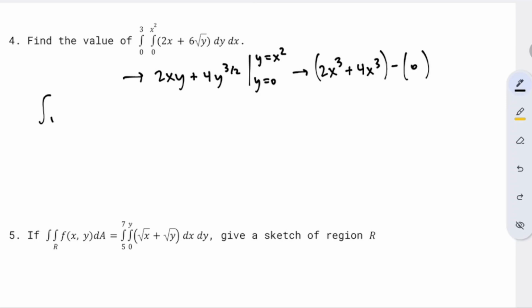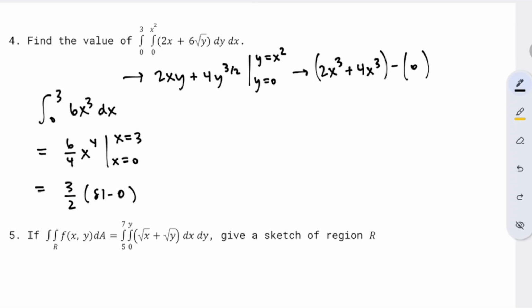Okay, so I'm going to integral from 0 to 3. 2x to the 3 plus 4x to the 3 is 6x to the 3. Okay, so that would be 6 over 4, x to the 4, x starts at 0, ends at 3, and that's going to be 3/2 of 81 minus 0. 81 times 3 is 243, divided by 2.